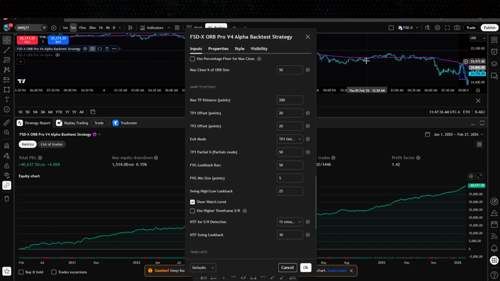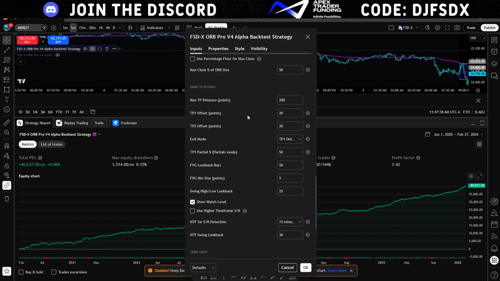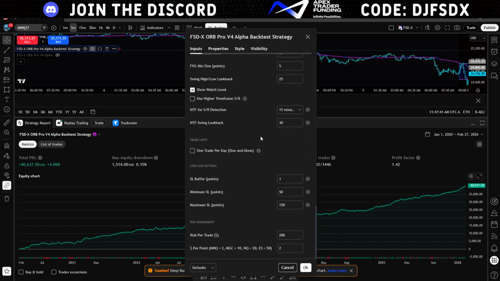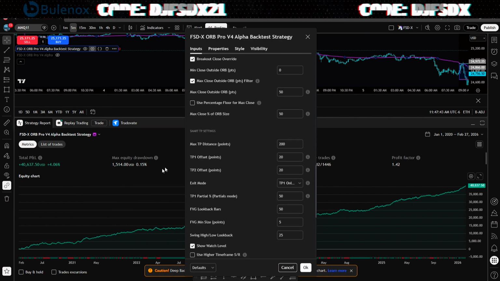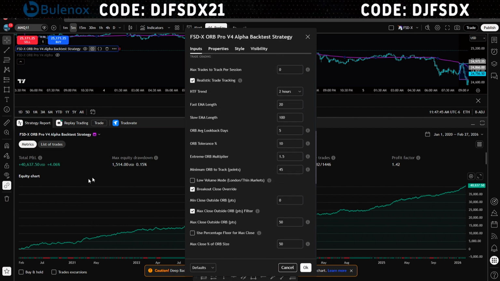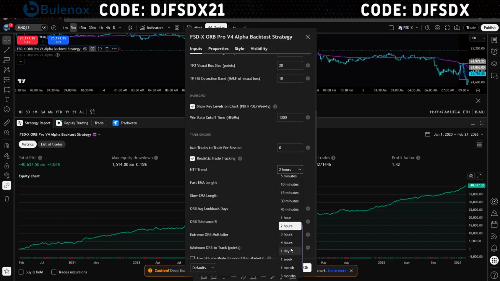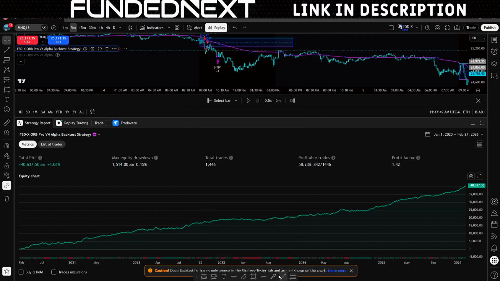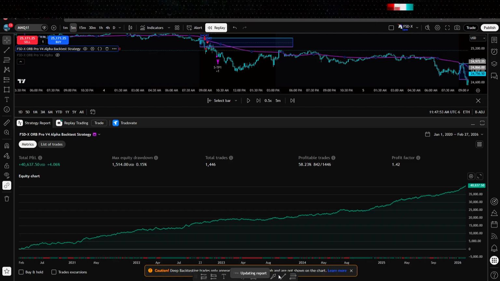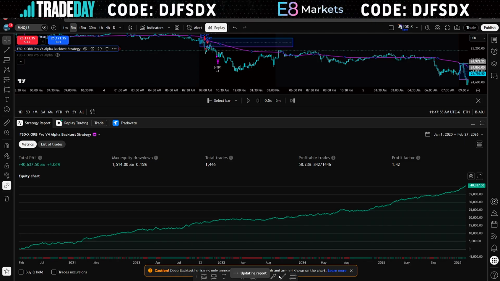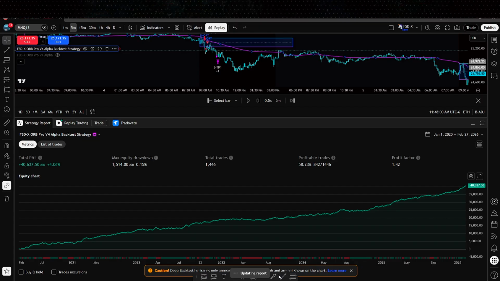It just doesn't have all the others, like the TP stuff, because it doesn't need it. If you adjust anything in here, it will adjust the backtest. So if you change this to 4 hours and you update it, it will update this. Whatever settings you want to change, you do in the backtester, you can see what it does, and then you can change it in the actual indicator, and it'll mirror it.